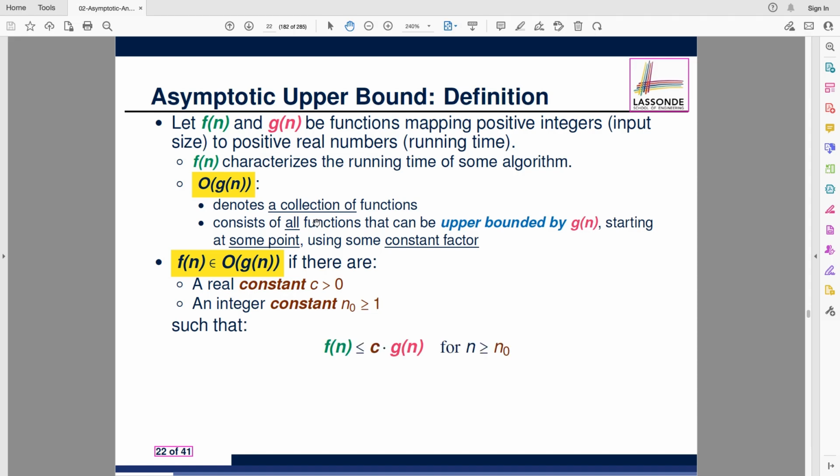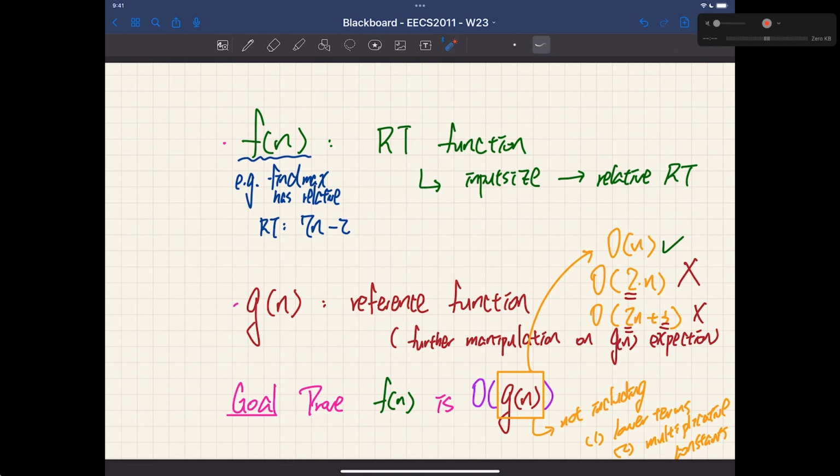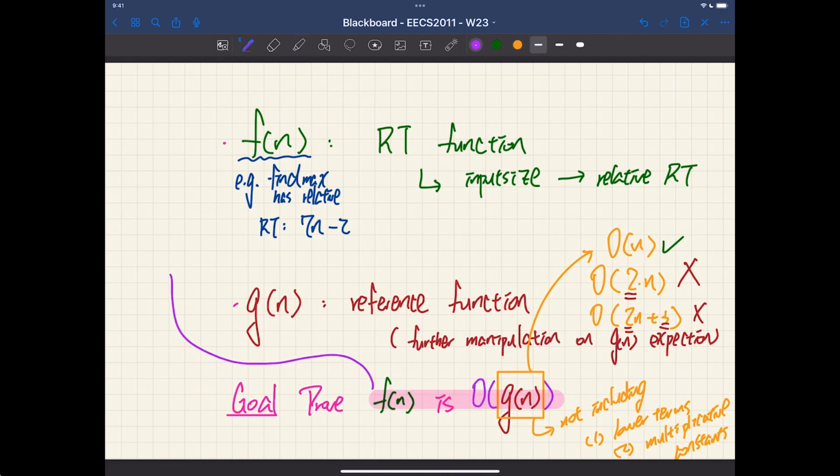Let's see the definition very quickly, and then I'm going to visualize it. If your task is to prove that f(n), do you guys know this symbol here? It's a set membership. Yeah, belongs to or is a member of, okay? So when I say f(n) is in this part over here, some people also say, alternatively, f(n) is a member of big O of g(n). People have different ways of saying this.